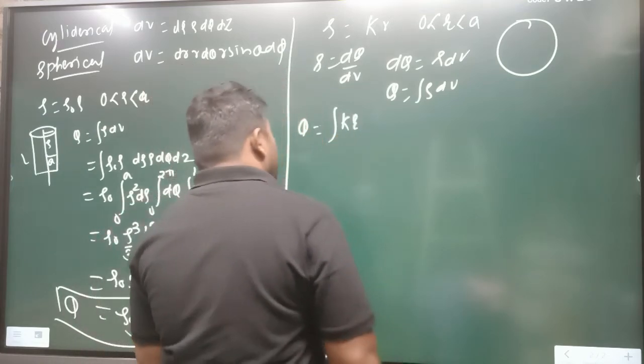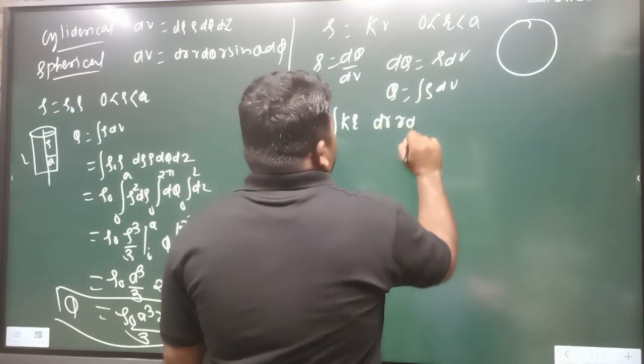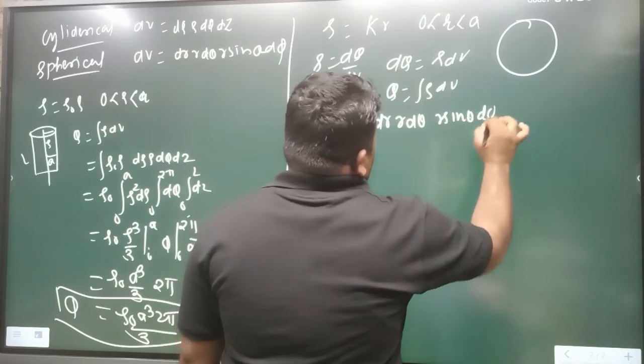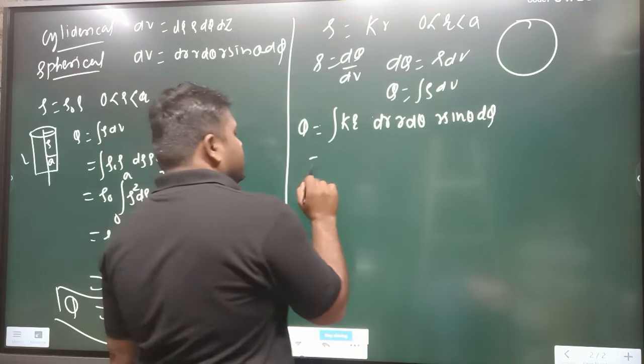And what is the dV in a spherical system? dr, r d theta, r sin theta d phi. Take K common out.